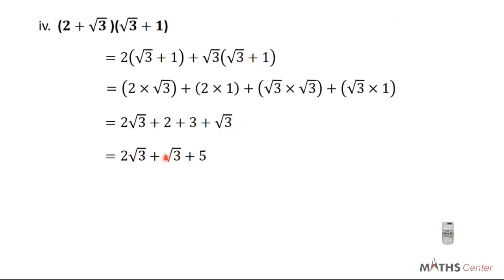Don't forget that the number in front of this surd here is 1. So square root of 3 is the same as 1 root 3. So if you are adding, you are going to have 2 plus that number here, which is 1, then root 3, then plus 5. 2 plus 1 will give us 3, so you have 3 root 3 plus 5. So that is the answer for this.